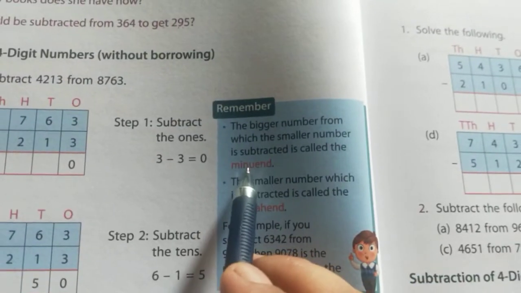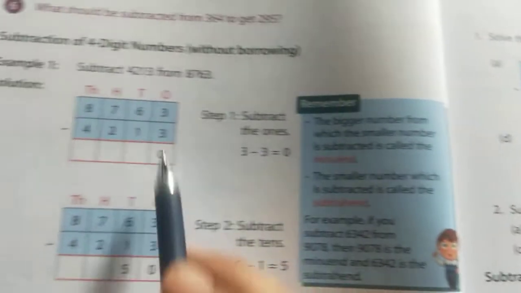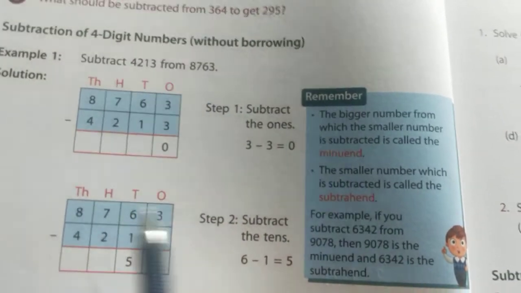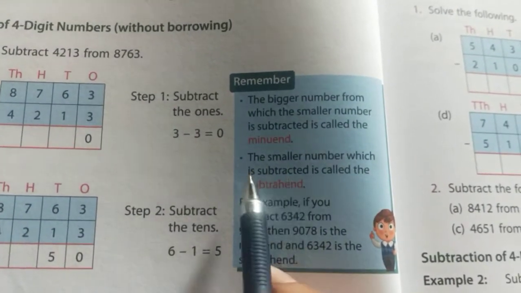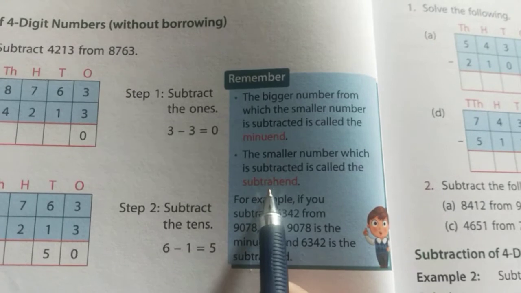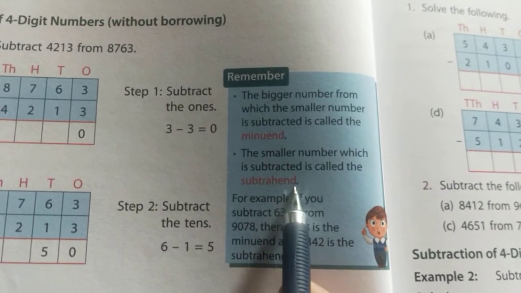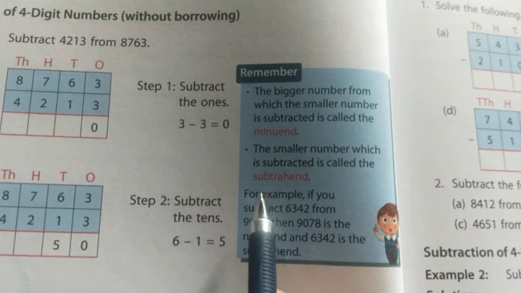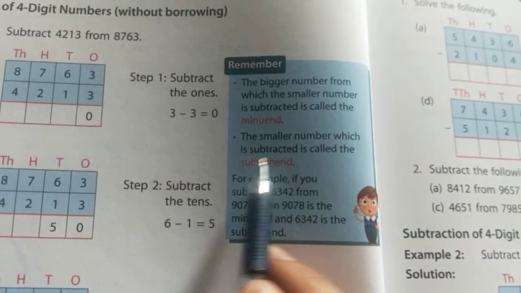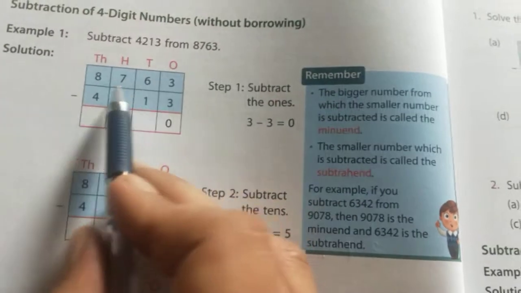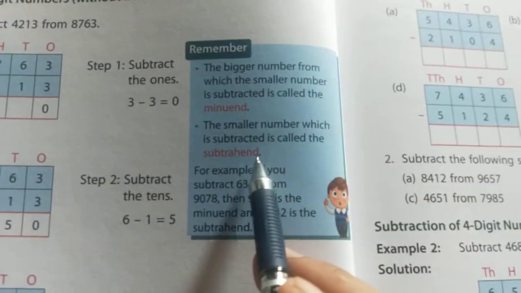So this is the minuend. The smaller number which is subtracted is called the subtrahend. This number, the smaller number, will be called the subtrahend.